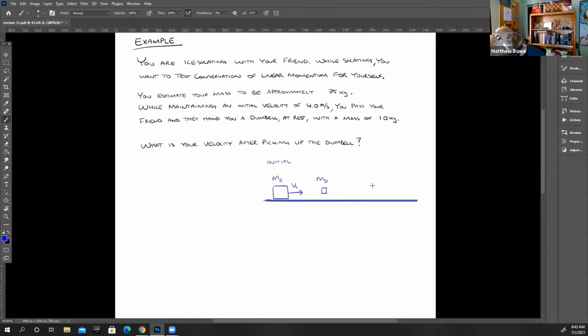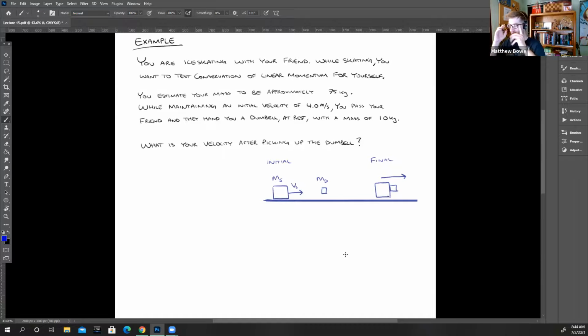So I'll draw this picture with the block like this. That's the skater still, and they're holding the dumbbell, and they are both moving with some velocity. All right, so that's the arrangement.